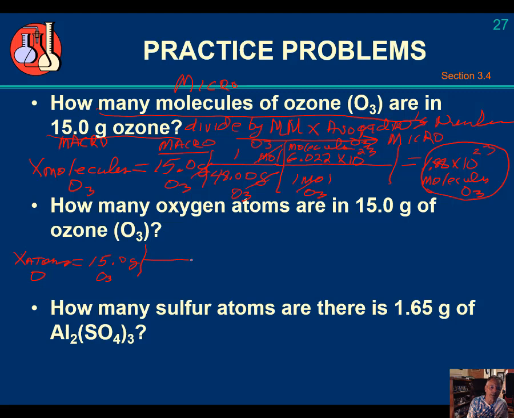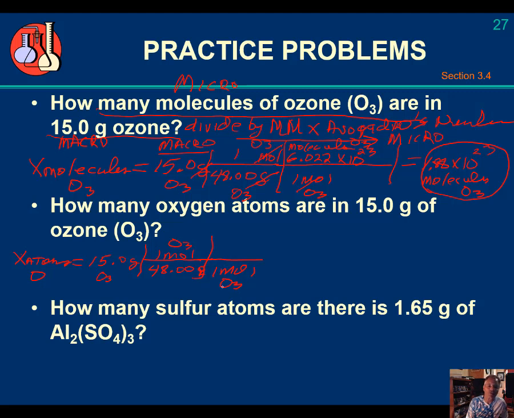We'll divide by the molar mass, which is 48.00 grams for every 1 mole of ozone, and then every 1 mole of ozone, I'm actually going to do it a little bit differently. I'm just going to look at the ratio of oxygen to ozone.